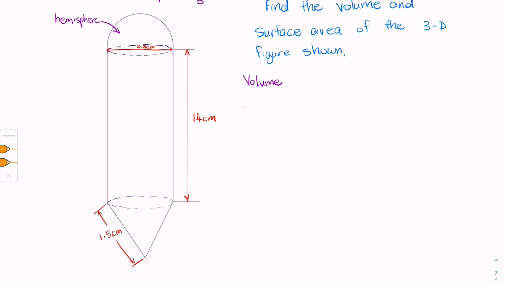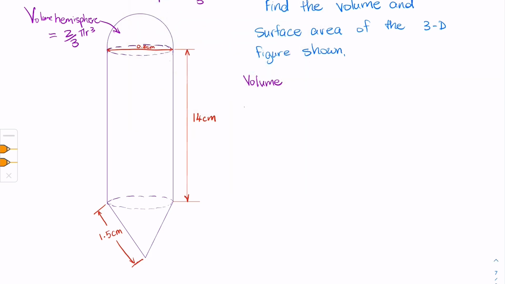All right, but this is not a whole sphere, it's a hemisphere. So half of 4 over 3 is 2 over 3. So the volume of a hemisphere is equal to 2 over 3 pi r cubed. So we're going to need that.